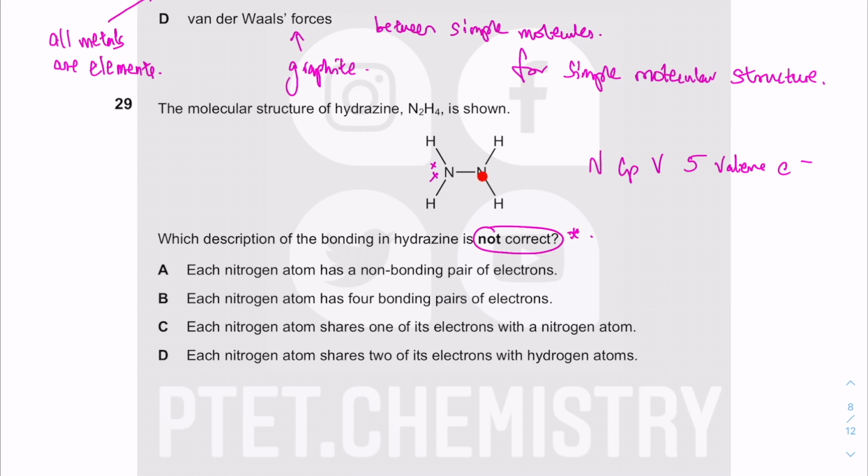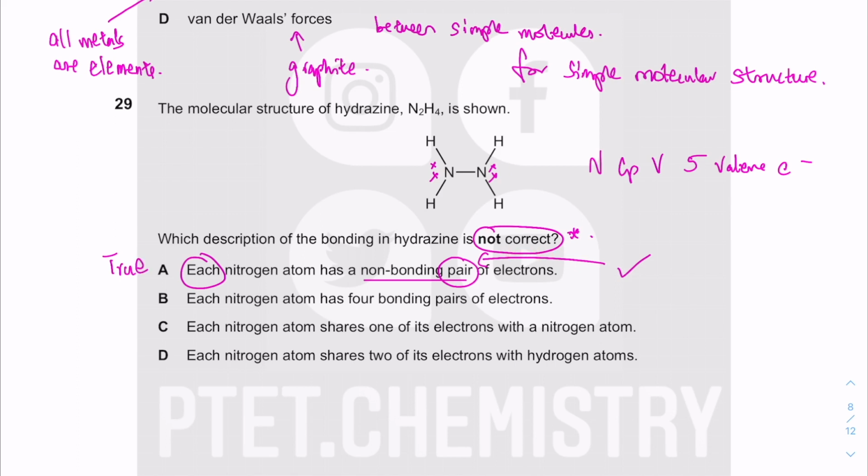Same deal for the other nitrogen. So each nitrogen atom has a non-bonding pair. Non-bonding means not involved in bonding. So that is correct. That is true. They are asking for which one is not correct.